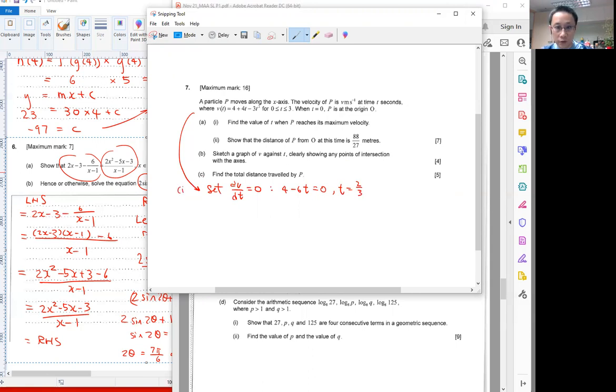And then for part 2, show that the distance of P from O at this time is that many meters. To find the distance, we have to integrate.